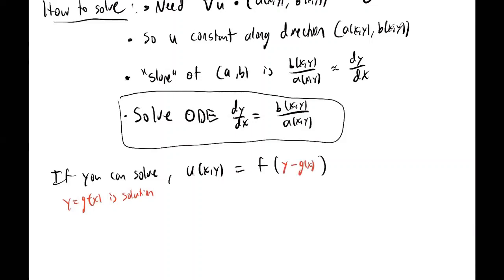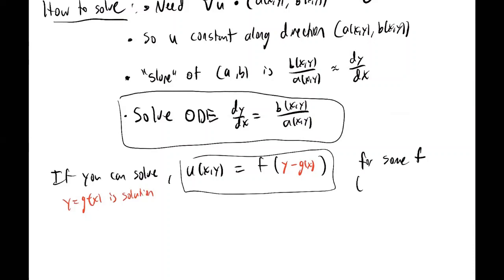This could be some constant, which could change, right? And so then this is the general form of the solution for some f. And so the f will be determined by initial conditions, which would be given to you if someone wanted you to actually write down a full solution.